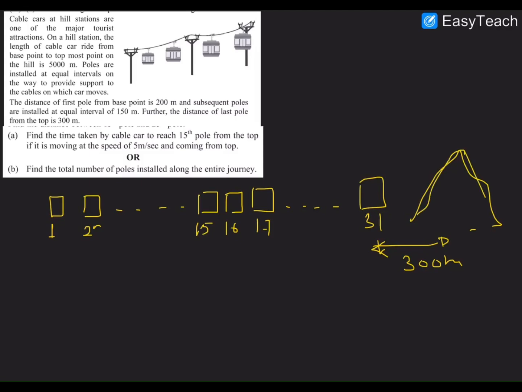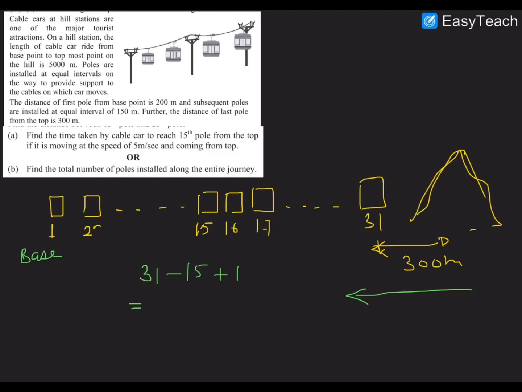Now the 15th pole from the top. From the top means from here you have to count the 15th pole. Either do backward counting, 31, 30, 29, 28, 27, like this, or 31 minus 15 plus 1 will give you which one from the base is your 15th pole.